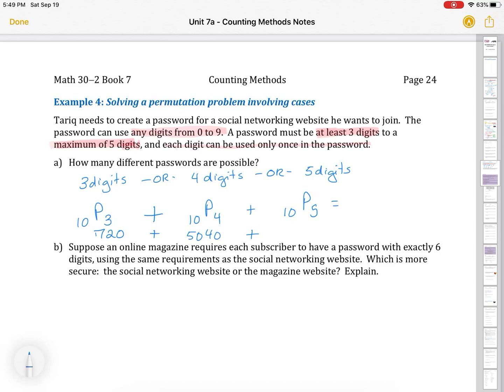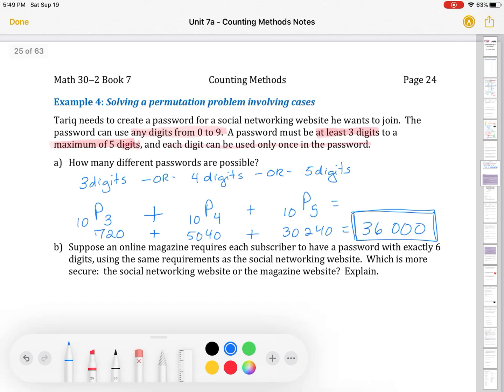And 10P5 is 30,240. Now we add those all up, and I get 36,000. So there's lots of choices for his password, right?